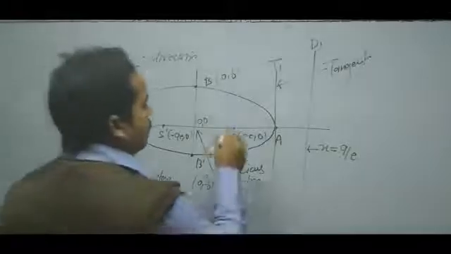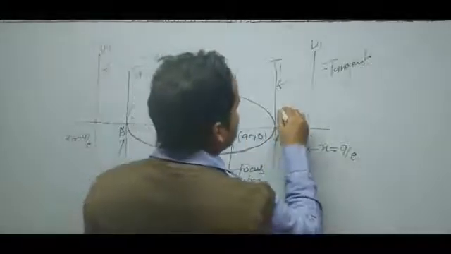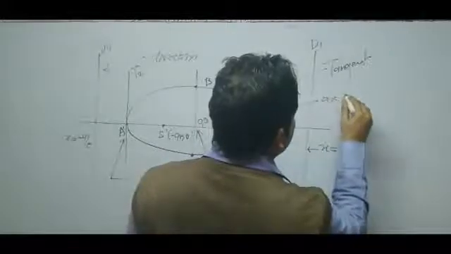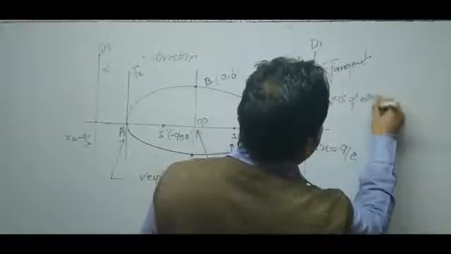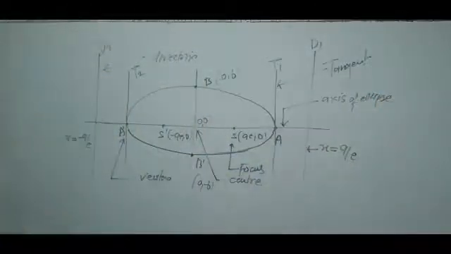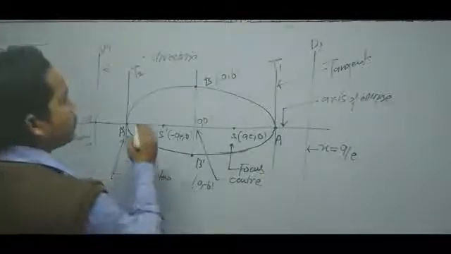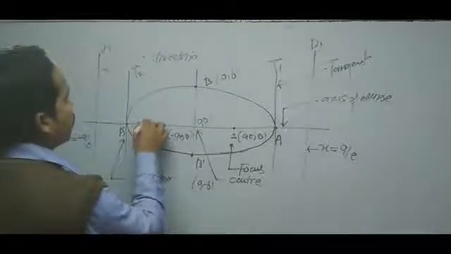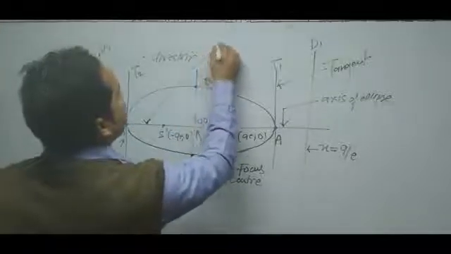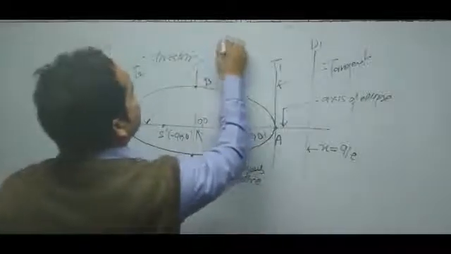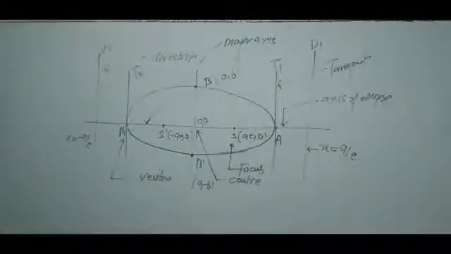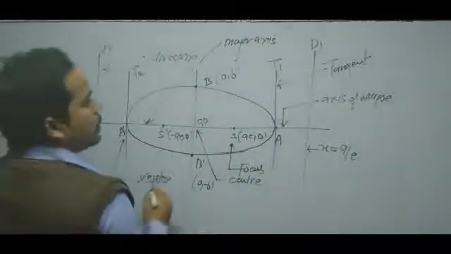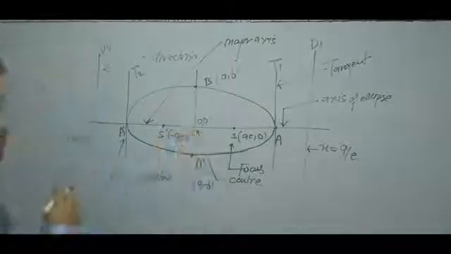This is the axis of the ellipse. And this is the major axis of the ellipse, and this line is the minor axis of the ellipse.